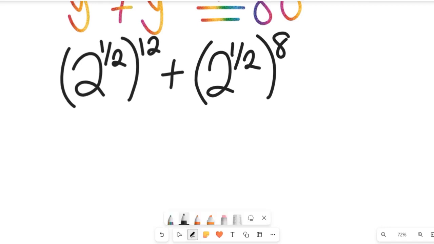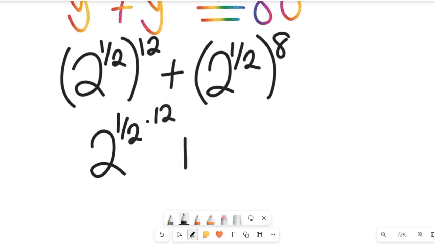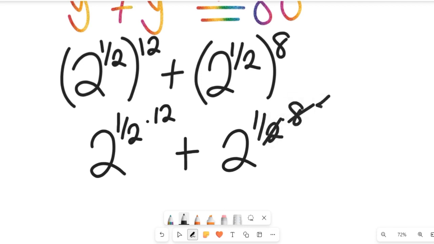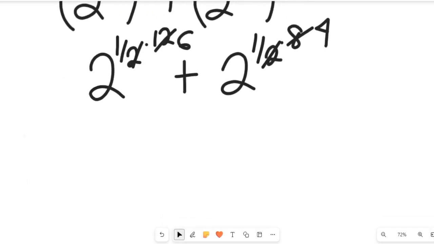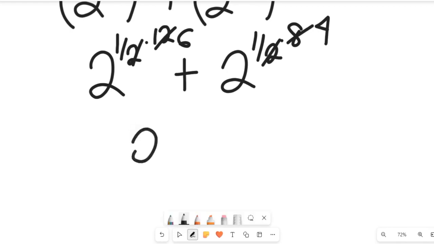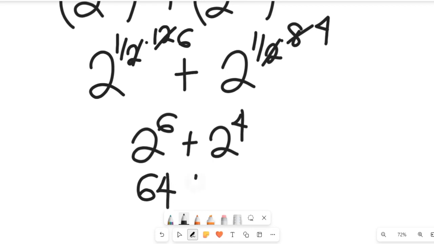Remember, the exponents will multiply, and then we'll have 2 to the power of 1 divided by 2 multiplied by 12 plus 2 to the power of 1 divided by 2 multiplied by 8. While this clears to give us 6, this will clear to give us 4. So we'll have that expression become 2 to the power of 6 plus 2 to the power of 4. 2 to the power of 6 is equal to 64, plus 2 to the power of 4 is equal to 16.